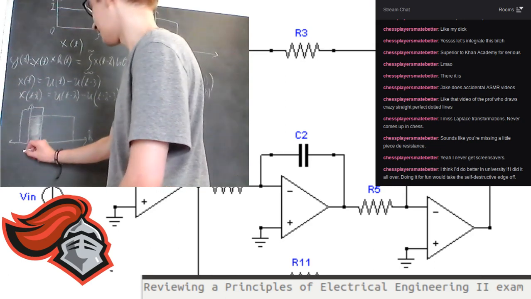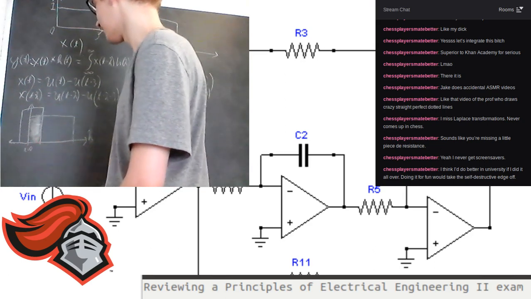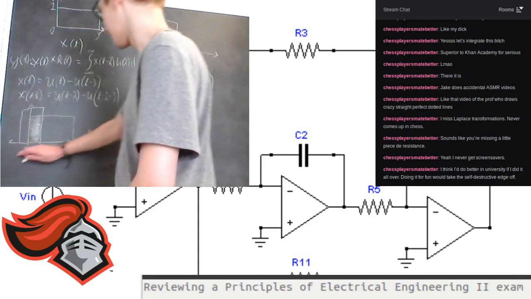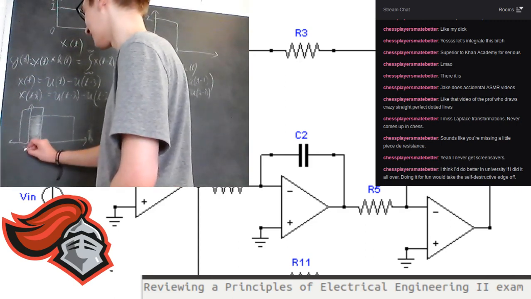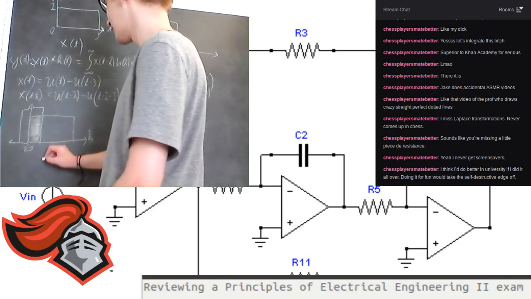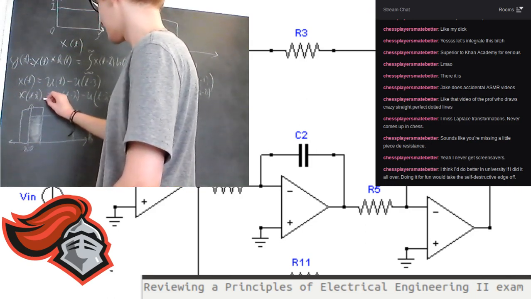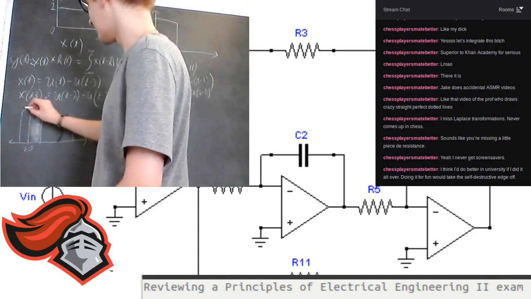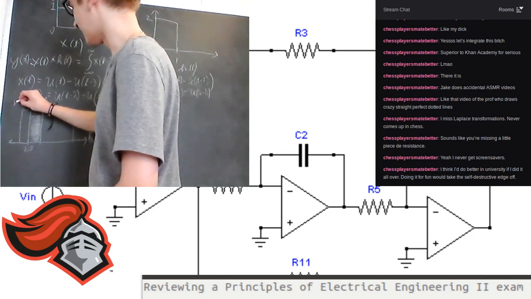Here we have t equals 0. Or I'm sorry, lambda equals 0. I'm getting these variables mixed up. Here we have t, and here we have t minus 1.